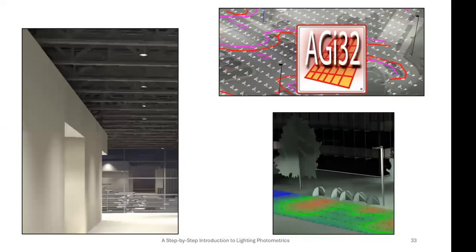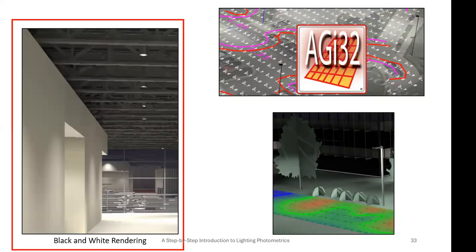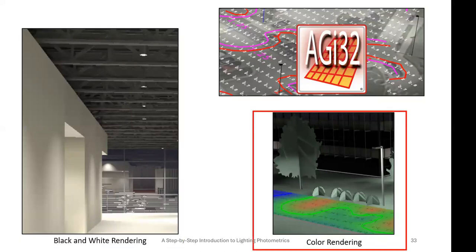And so now we're looking at some renderings. Over on the left, you see a black and white rendering of what that space would look like lighted there. And then you have the color rendering with the point by point on the graphical interface there, the layout, and also the colors. And those lines, that lime colored line, light green, that is called an ISO foot candle distribution curve.